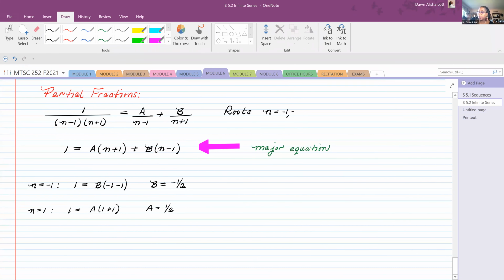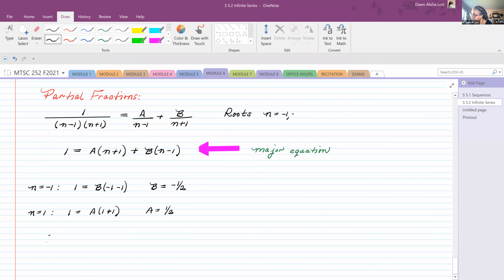So therefore we get that the sum n equals 2 to infinity of 1 over n squared minus 1 is the same as the sum. We can pull the 1/2 out now. Well, let me put the other step in.